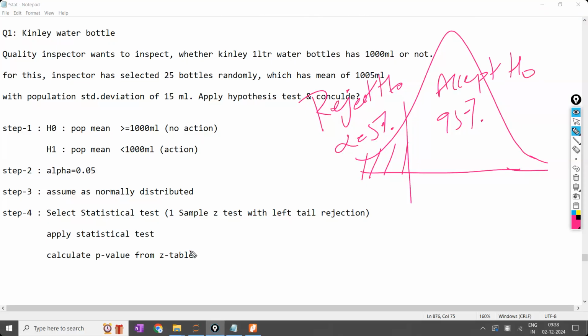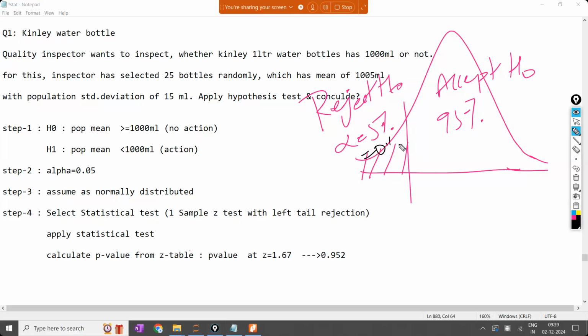Now, from the Z table, what you calculated? P value. From Z table, P value at Z is equal to 1.67. What is the P value? 0.952. Now this is a 5%. 5% means what is the value wise? Percentage wise 5.